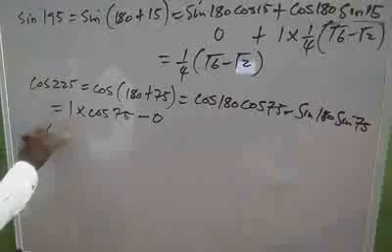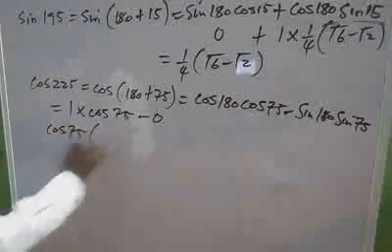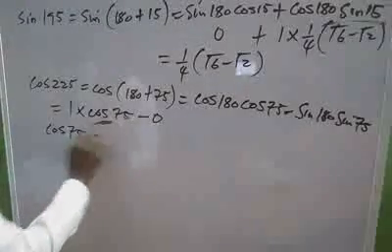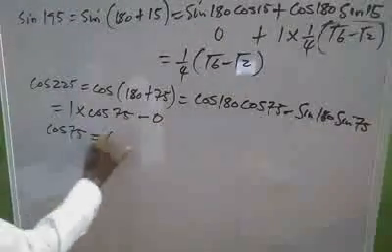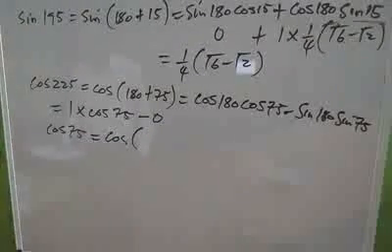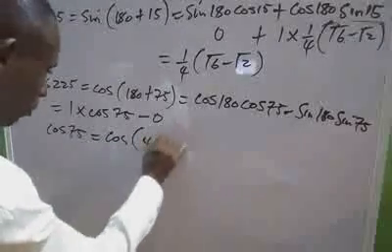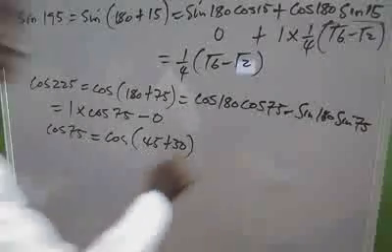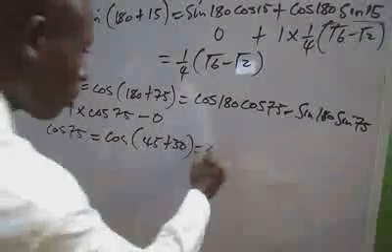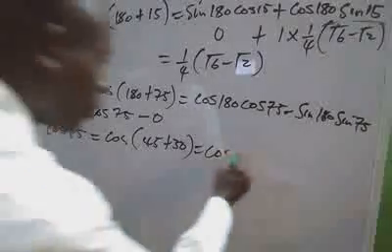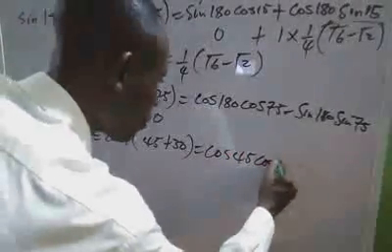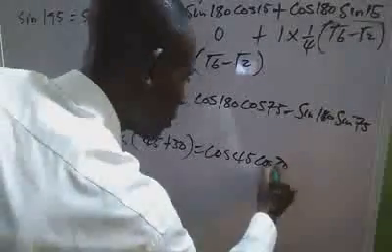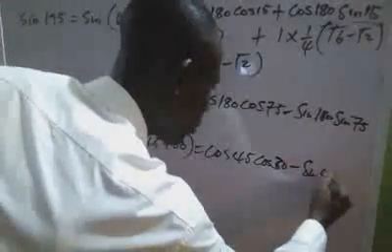For us to get cos 75, that is the same thing as cos(45 plus 30). So you solve that: cos 45 cos 30 minus sin 45 sin 30.